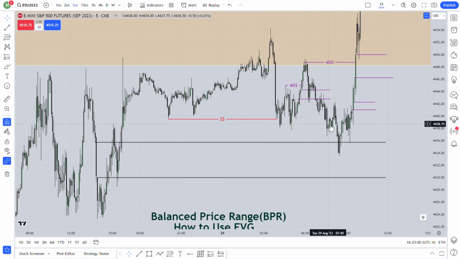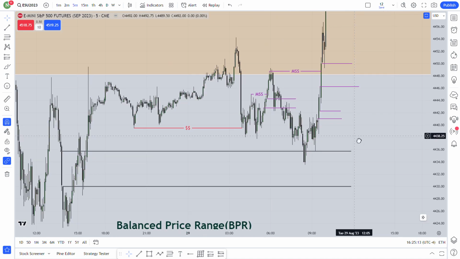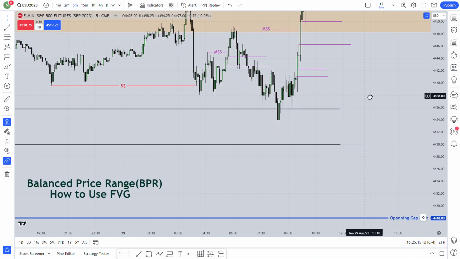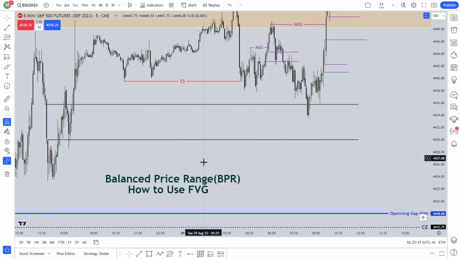Don't take that trade. Just sacrifice it, or wait until the price just under your model or entry position is balanced. That's why it is important to know how to balance the price.